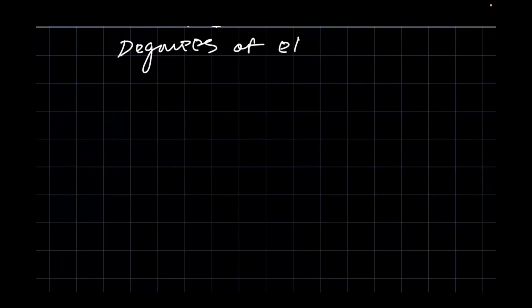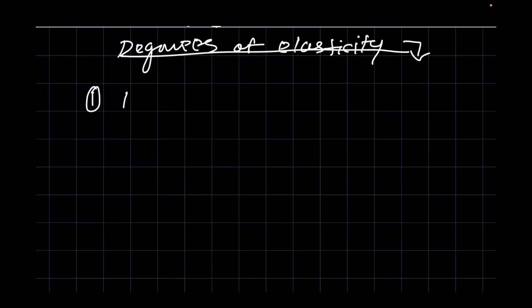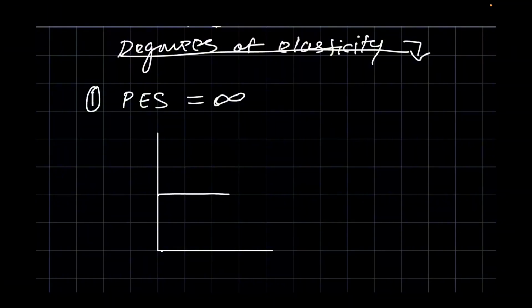This is quite similar to the last one, but yet again you have to change it in order to match the idea of supply. The first one you have is when PES equals infinity. Now let's try and take a look at this through the diagram. You have supply that is somewhat like this.